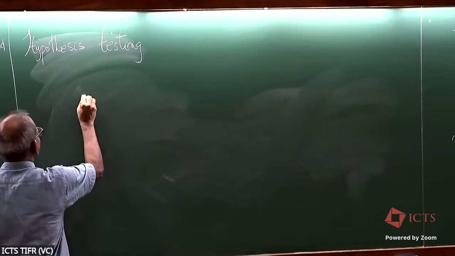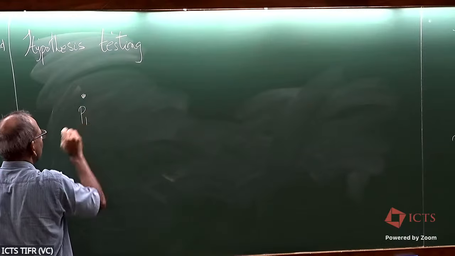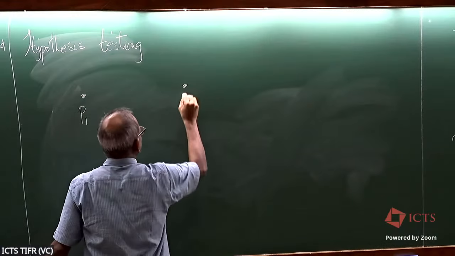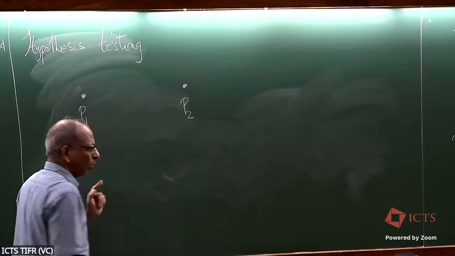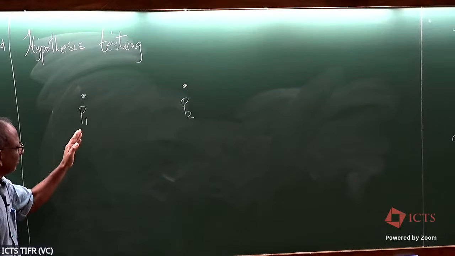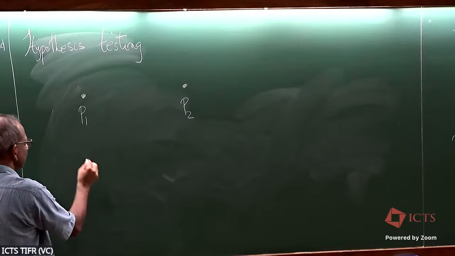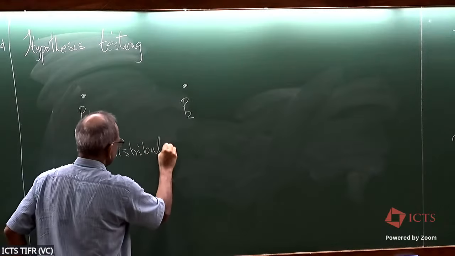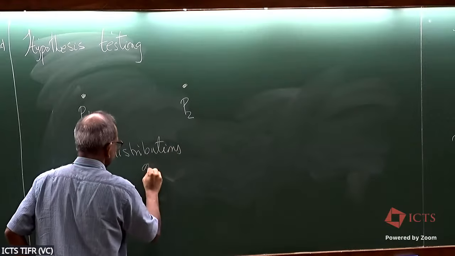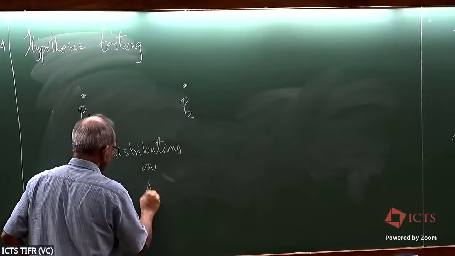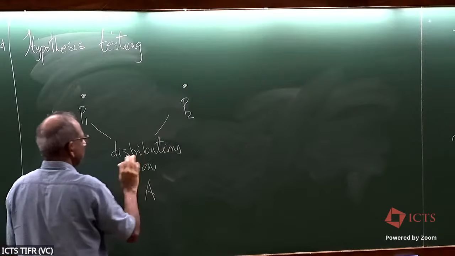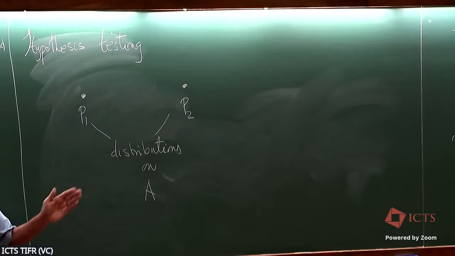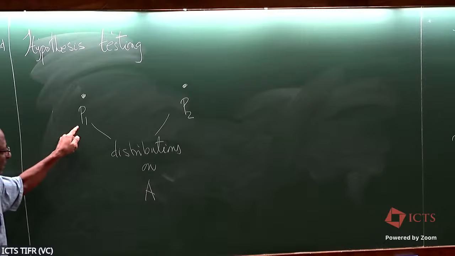So you have P1 and P2. So the alphabet is still the same. These are distributions, both on the same set. And one of them is P1, the other is P2.